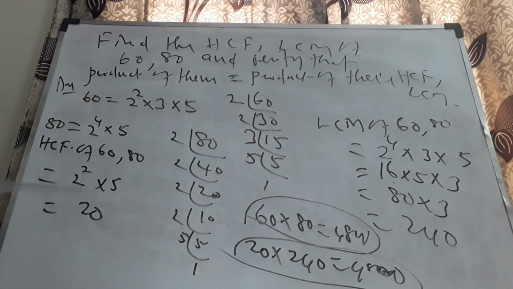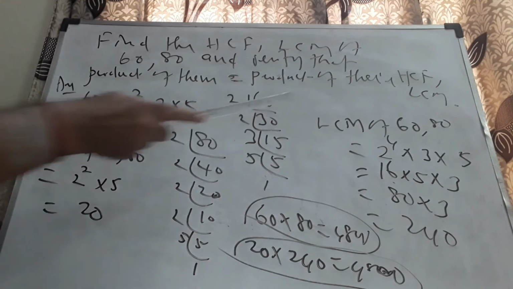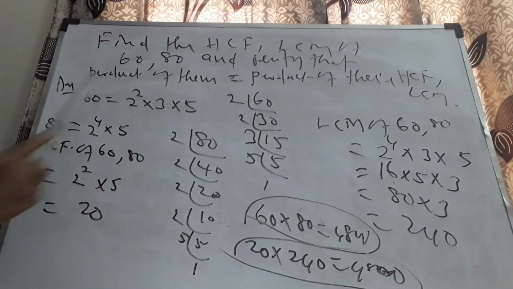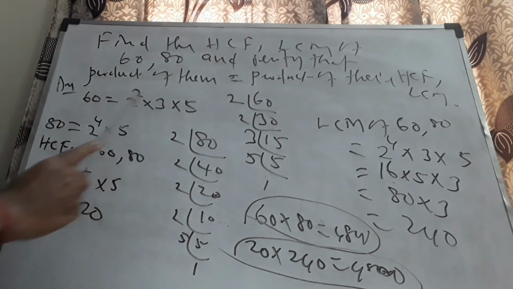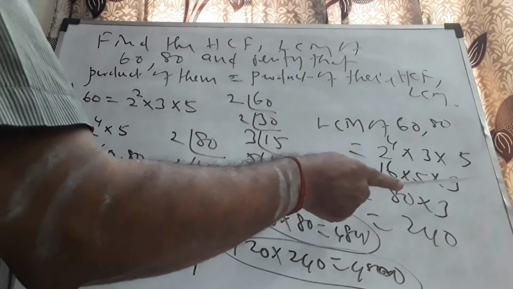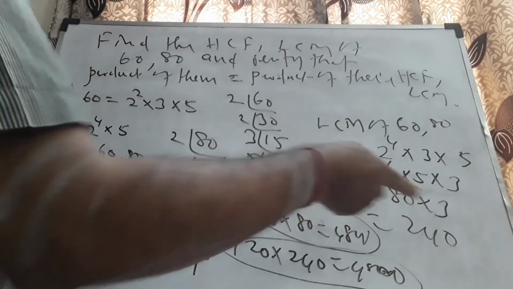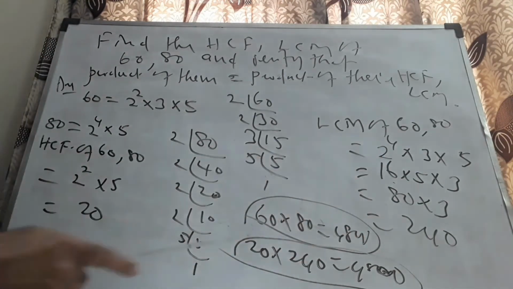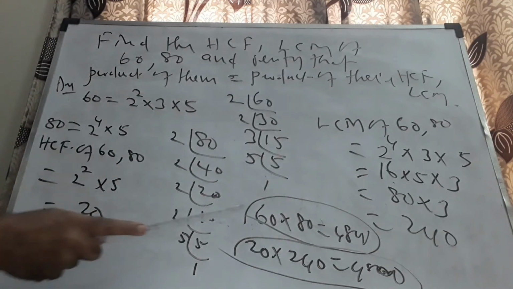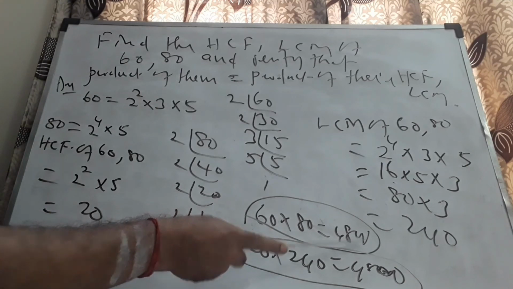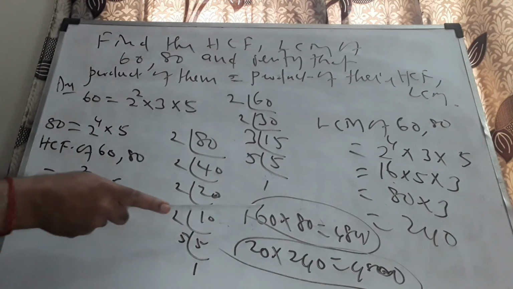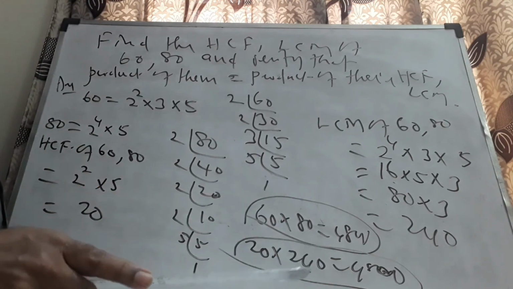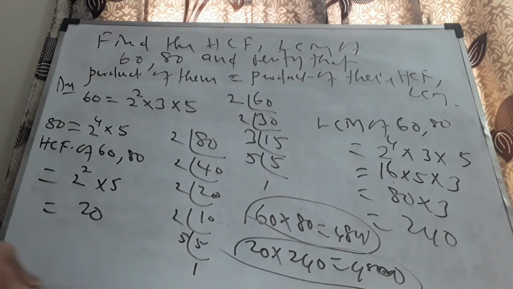I'll take 5. 4 into 5 is 20, so the HCF is 20. For the LCM, I take the higher powers: 2 power 4 into 3 into 5. 16 into 5 is 80; the product is easier, therefore I do it that way. So 240. Now 60 into 80, the product of the numbers, write it separately: 4800. Here 20 into 240 is also 4800. Therefore the product of the numbers is equal to the product of their HCF and LCM.